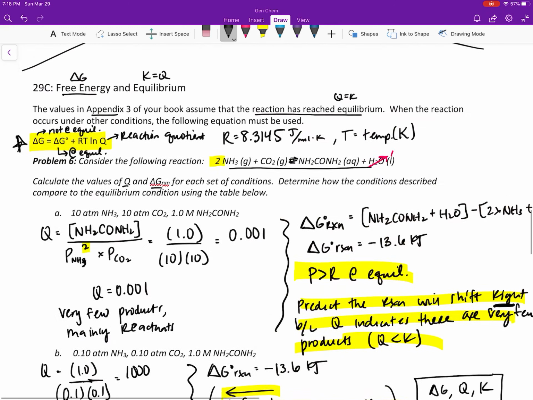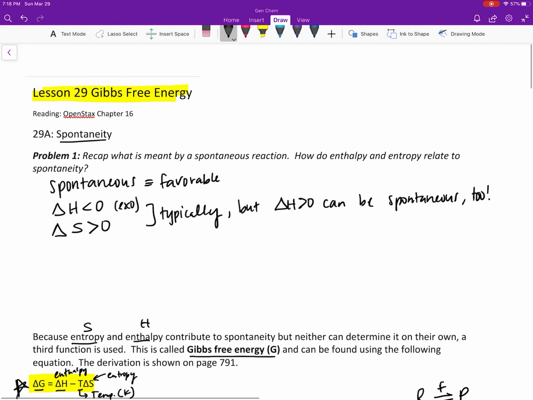Okay, so let's do a brief recap. So we have enthalpy, delta H, less than 0, negative, exothermic, greater than 0, positive, endothermic. Entropy, delta S, greater than 0, spontaneous, equal to 0, at equilibrium, less than 0, non-spontaneous.